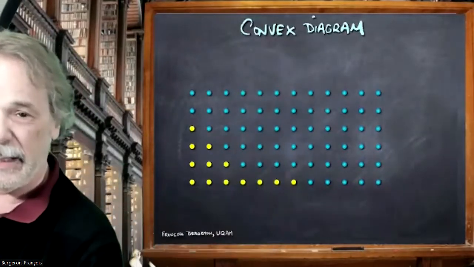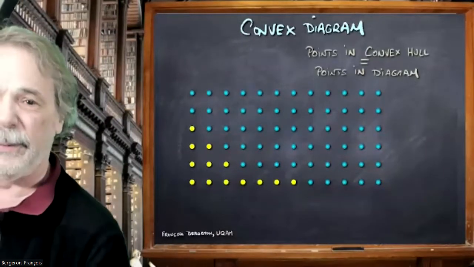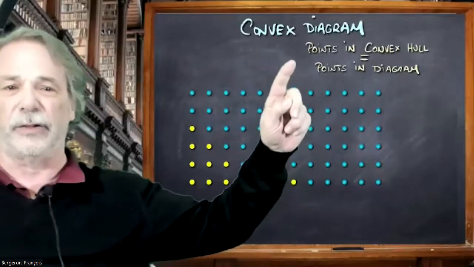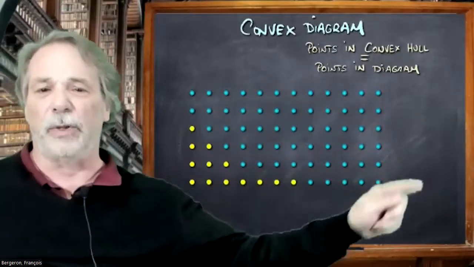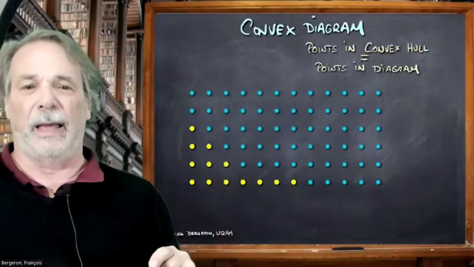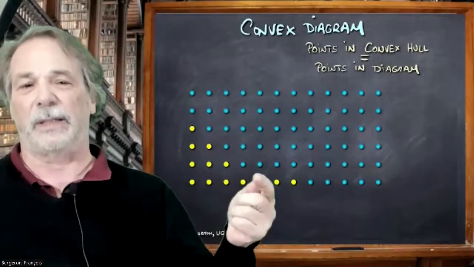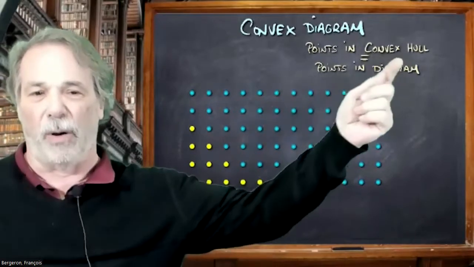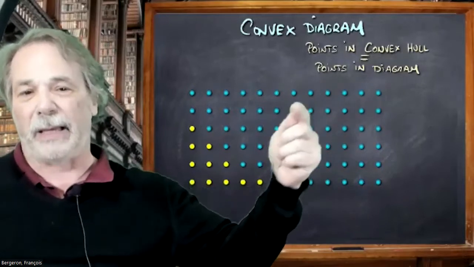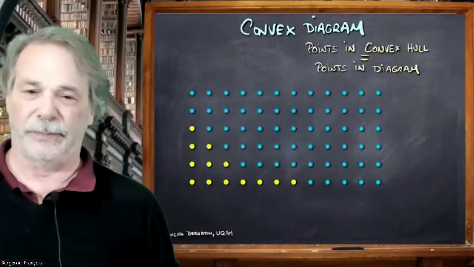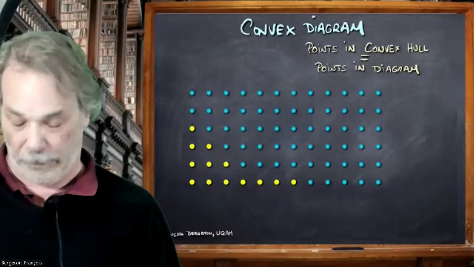What does this mean? It means that if you look at the convex hull of all the blue points, and you look at the integer points inside this convex hull, what you'll get back is exactly the blue points, no more.